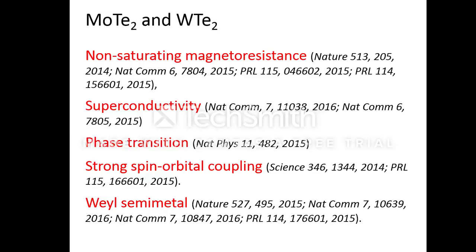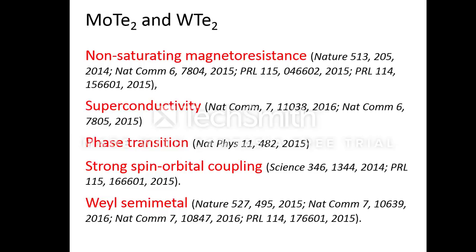So people can now easily grow the sulfide and the selenide, but both of them are semiconductors. They have quite similar properties, right? Telluride is completely different. Telluride is metallic. Telluride has different phases, 1T phase, 1T prime phase.